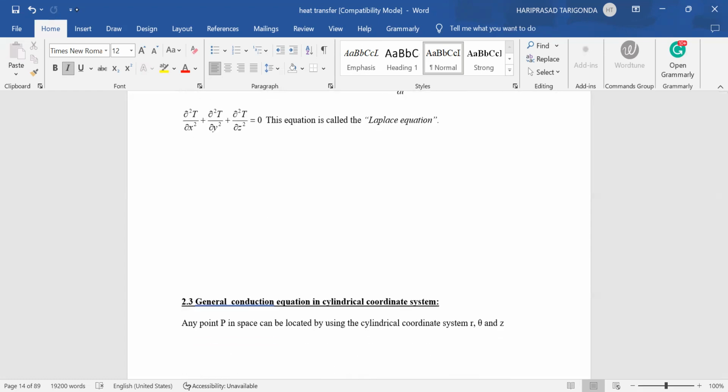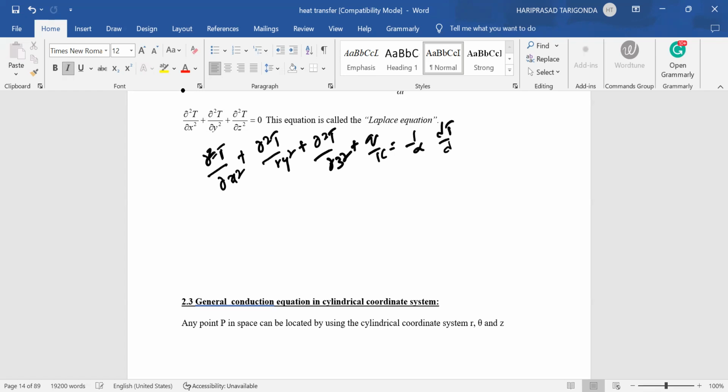In ∂²T/∂x² + ∂²T/∂y² + ∂²T/∂z² + q/k = (1/α) ∂T/∂t, if heat transfer is steady state, this value becomes 0, and if q is 0, this value also becomes 0.